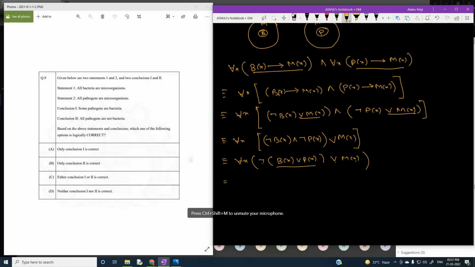So that means this implies that one. So bx disjunction of px, this whole thing will imply something, that is m of x. This one.